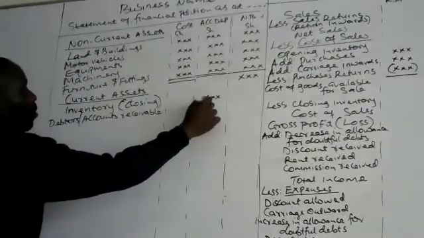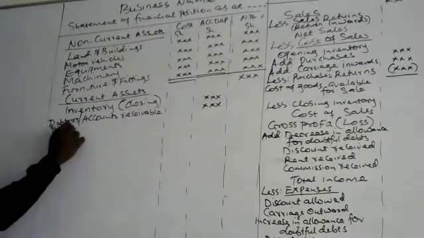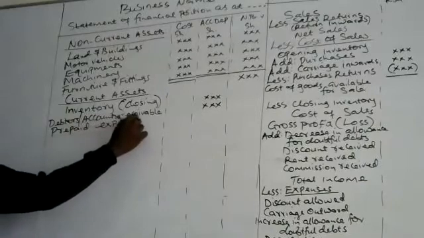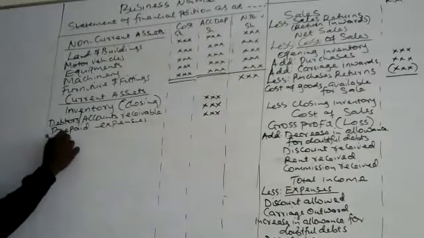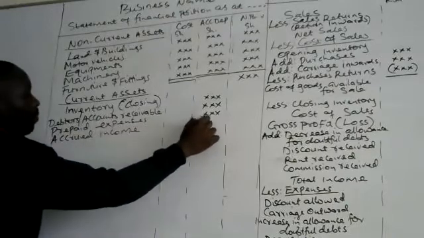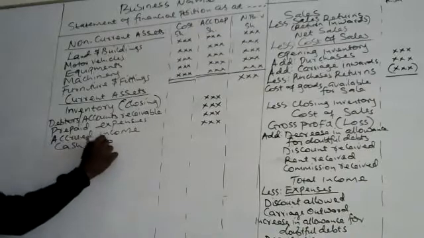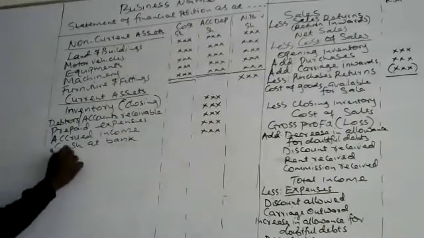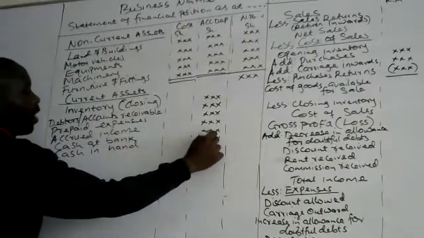We have things like prepaid expenses, as we said in the end year adjustment. That money is still ours. Accrued income. Then we have cash at bank. Then we have cash in hand. All those are current assets.